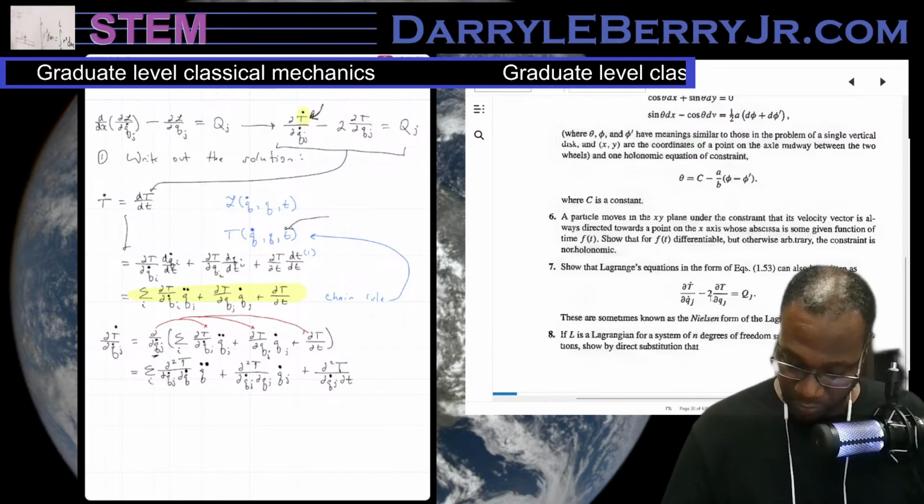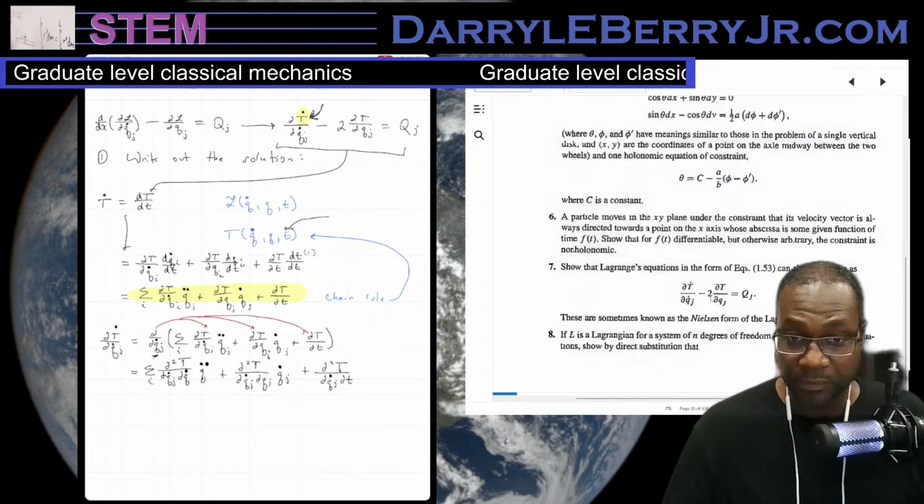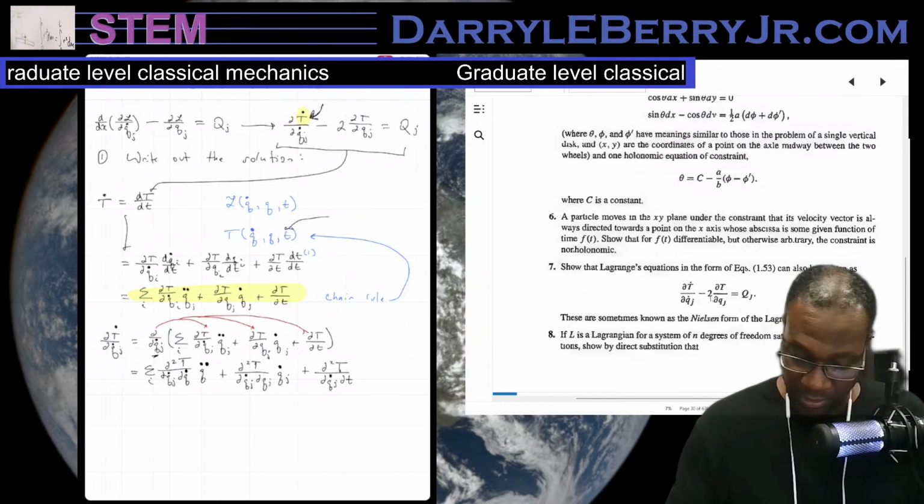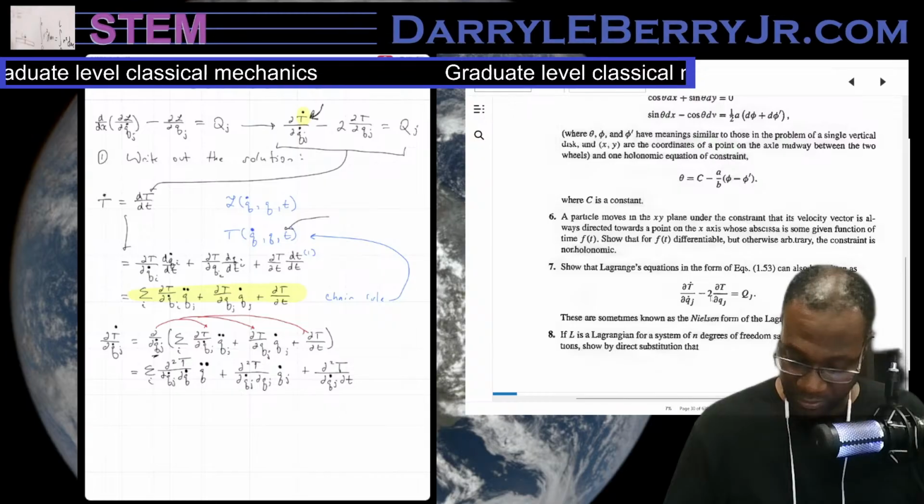So q still has j. Excuse me, the q under the Lagrangian still has j, but the q under T has i, is what I'm seeing.